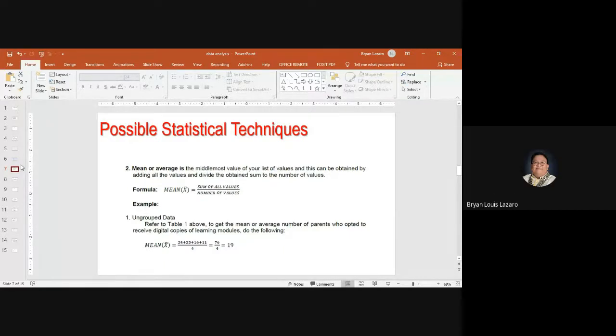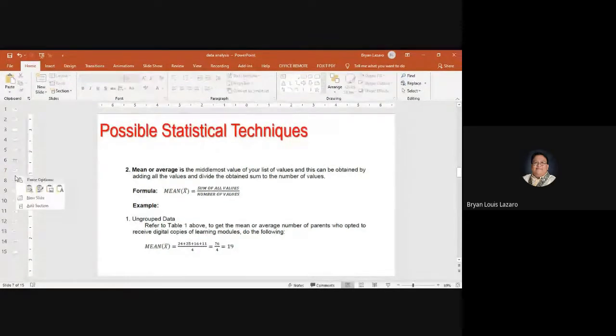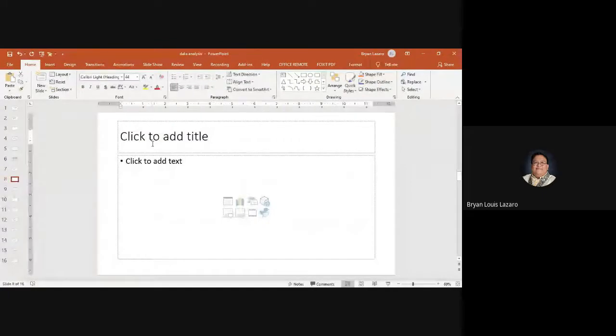Ulitin ko ha. Halimbawa, kumuha kayo ng grades. For example, may mga grades kayo, ganyan. Ang grades ninyo halimbawa ay 95, 75, 68, 85, and 95. Halimbawa, 5 lang yan.